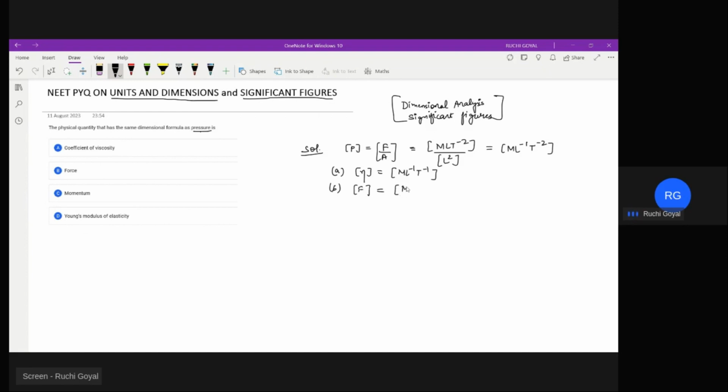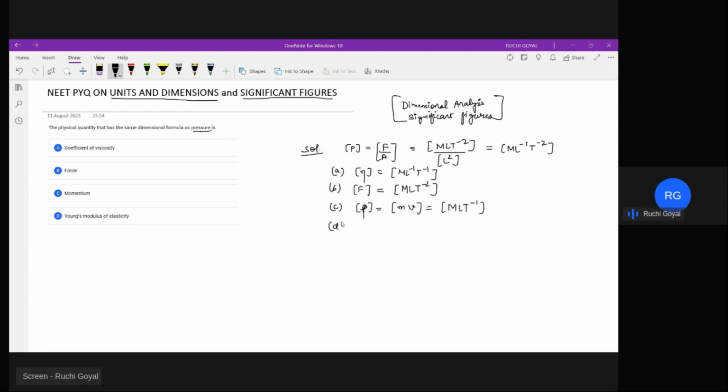It is MLT^-2. Right? In the third option, we have momentum. We denote it by small p. Small p is m into v, mass into velocity. So mass, and what is the dimension formula of velocity? LT^-1.